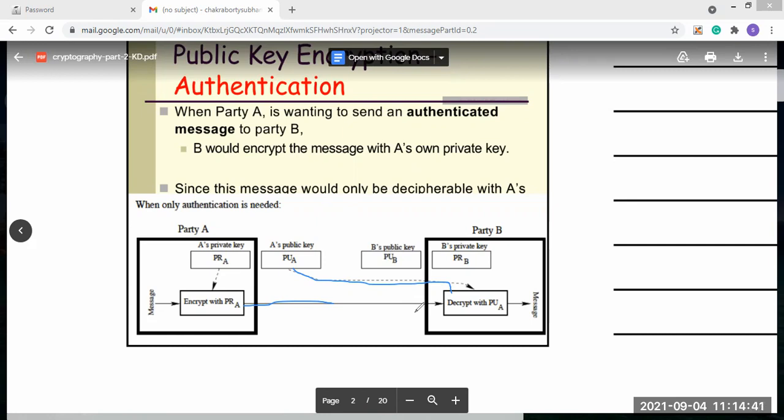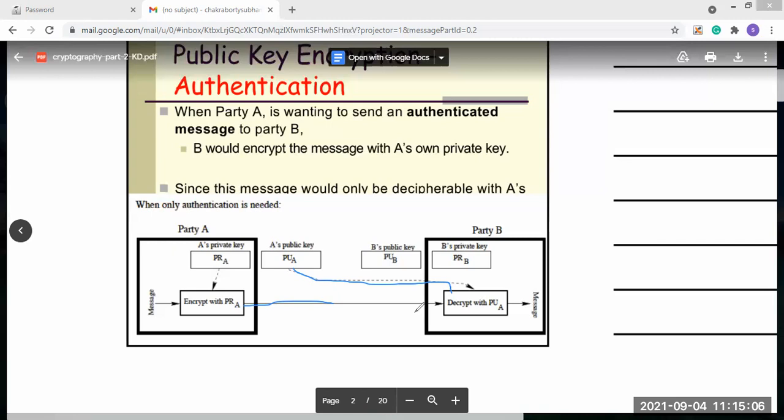It will be decrypted using the public key of A. Using the public key of A, party B will know that yes, it is sent from party A only, and he or she is the authentic user. This is the process of authentication.